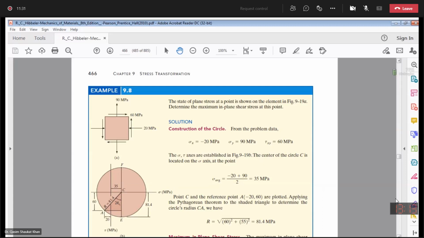Example 9.8: the state of plane stress at a point is shown on the element. This figure data is exactly the same which we used earlier to calculate the principal stresses, maximum in-plane shear stress, orientation of the principal planes, and orientation of the shear plane using equations.